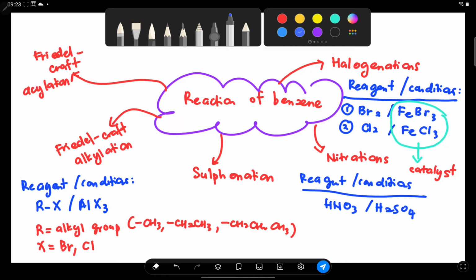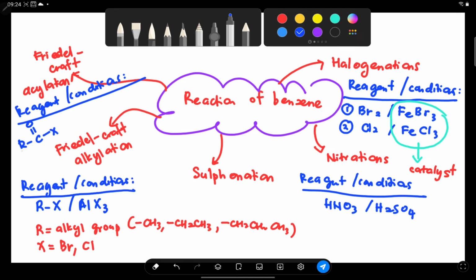And for the Friedel-Crafts acylation, it involves the acyl group, R-C double bond O-X, which we call acyl halide, in the presence of also AlX3. Okay.